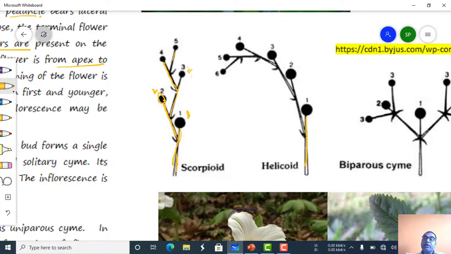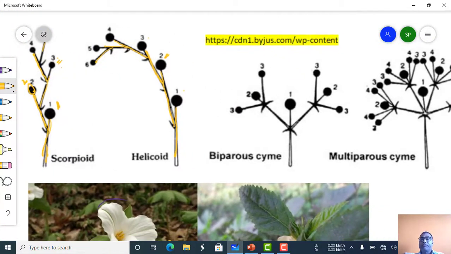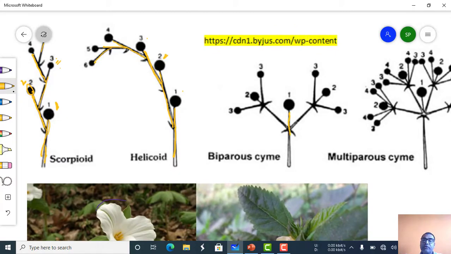This is the main peduncle. The main peduncle ends in a flower and produces a subpeduncle, which again ends in a flower, and again this produces a subpeduncle, which again ends in a flower. In this way, you may observe, this is the main axis of the inflorescence and it ends in a flower.